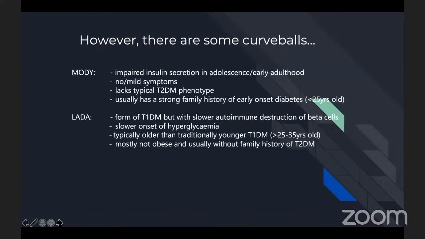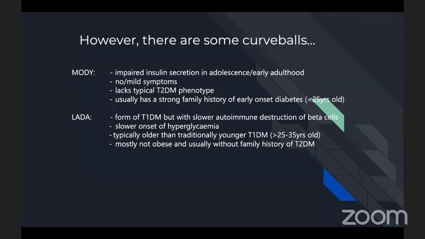This is just to give you a heads up that, granted, I've provided the table of what you can expect for your type 1 and type 2s, but they don't always present that way to us. This accounts for the 2 to 5% of your diabetic patients that come to you. So we have MODY, or maturity onset diabetes of the young. They represent a group of autosomal dominant single gene disorders resulting in impaired insulin secretion.